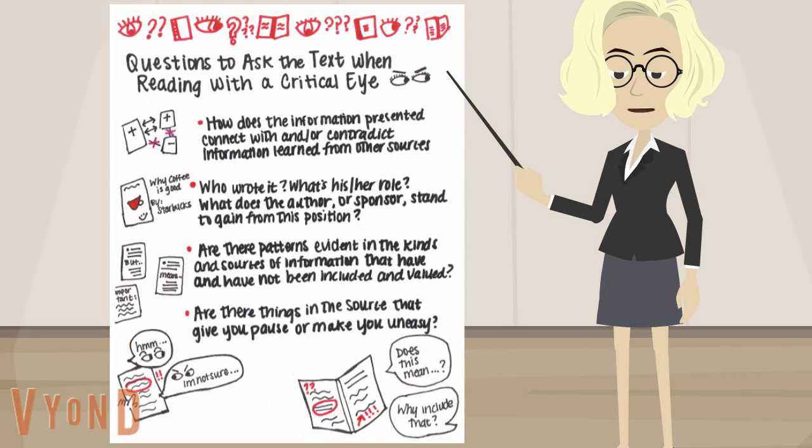What's the person's role and what might he stand to gain from taking this position on the issue? And two, think about whether there are patterns evident in the kinds and the sources of information that have been valued and ignored in the text. And think about anything else that gives you pause.